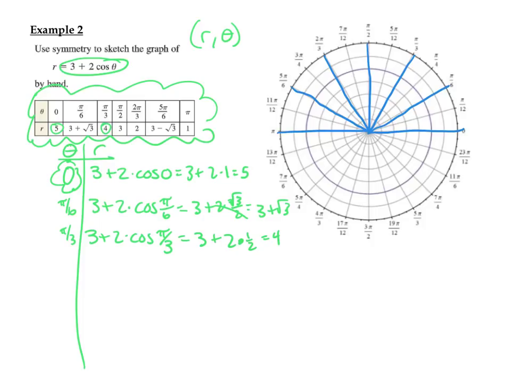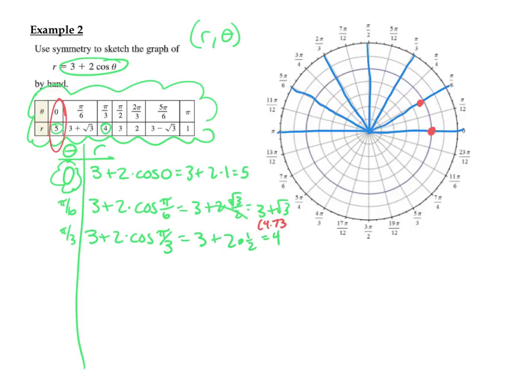And so let's plot our points. We have 0 radians and a radius of 5. We are plotting this point, so 0, 5: go out 5 rings on 0 radians, 1, 2, 3, 4, 5. Then 3 plus the square root of 3 is not something I have at the tip of my head. I should probably have those memorized, but that's going to be approximately 4.73, which is really right just inside that 5th ring.